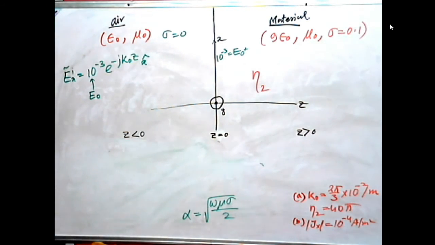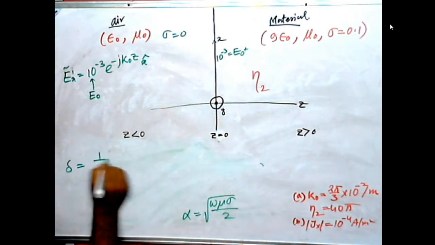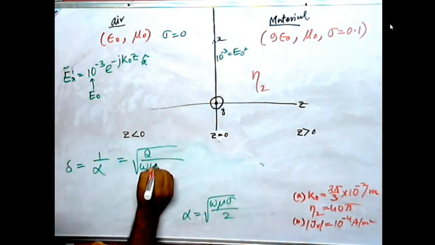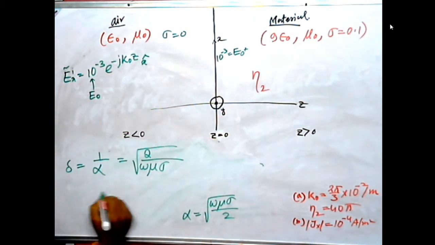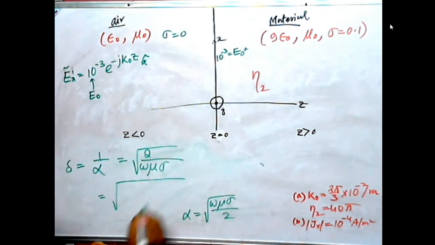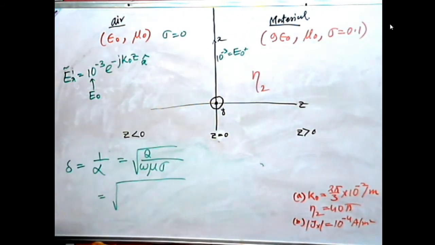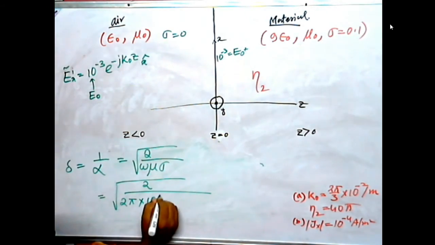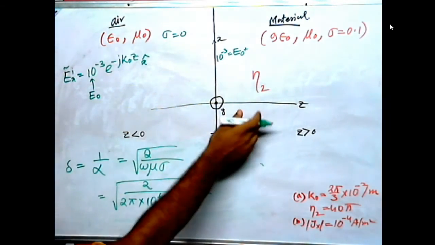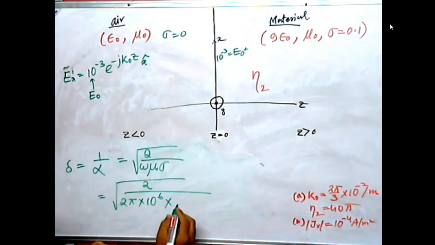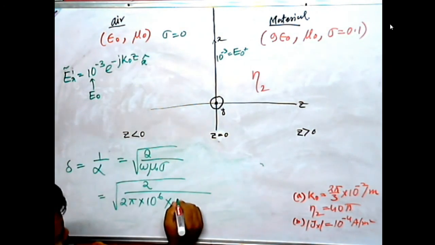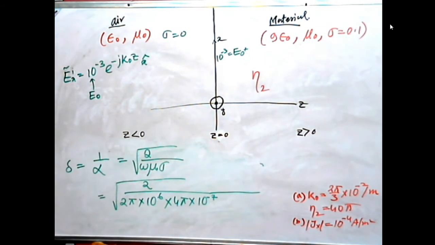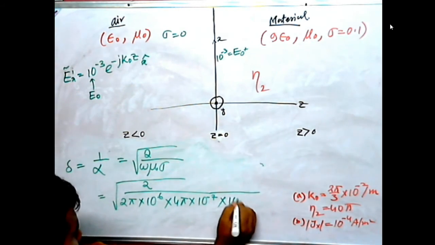Now you have to determine the skin depth delta, that is basically 1 by alpha, so it will be your under root 2 divided by omega mu sigma. Now omega is basically 2 pi megaradian per second, 2 pi into 10 to the power 6. Mu is basically mu naught in the material, which is 4 pi into 10 to the power minus 7 Henry per meter, and sigma is 0.1, that is 10 to the power minus 1.